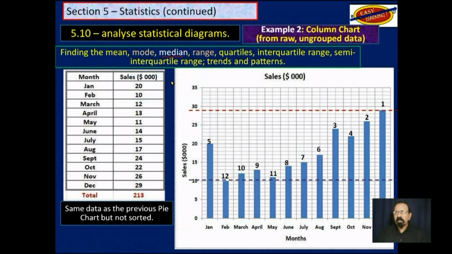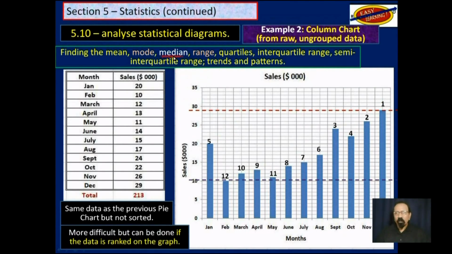Next, let's deal with median. The middle value, Q2. We want to find the middle value. 1, 2, 3, 4, 5, 6, and this is 7. So obviously, the middle value is somewhere between 6 and 7, between the 6th highest and the 7th highest. That is to say, that 7th highest is 15,000, the 6th highest is 17,000.